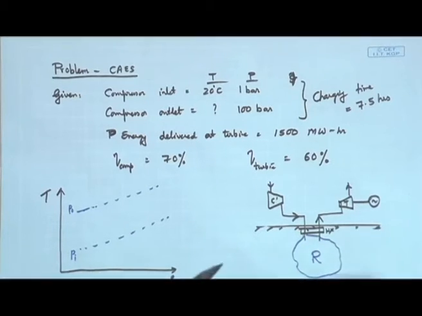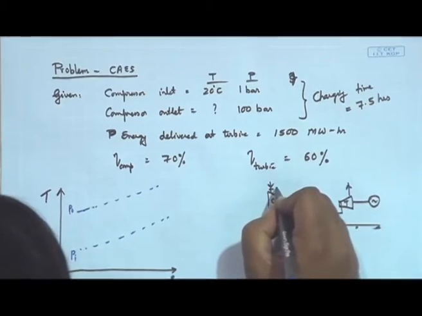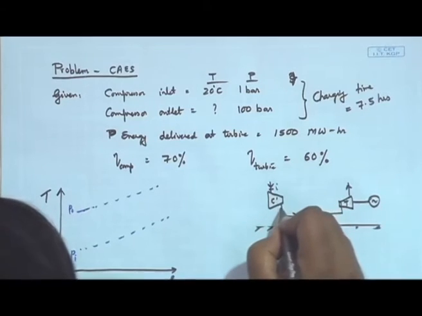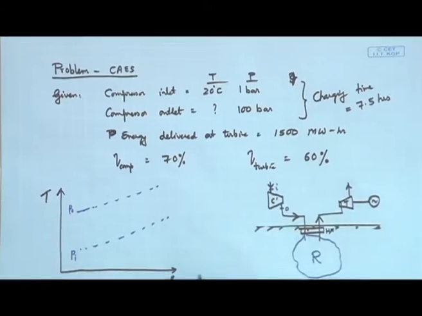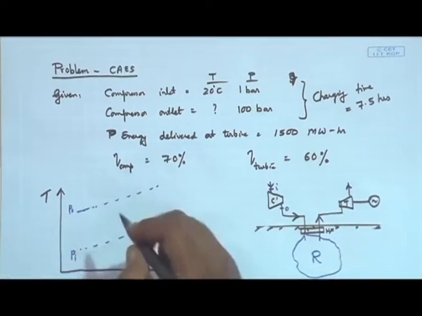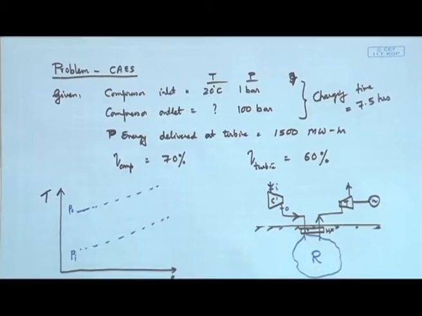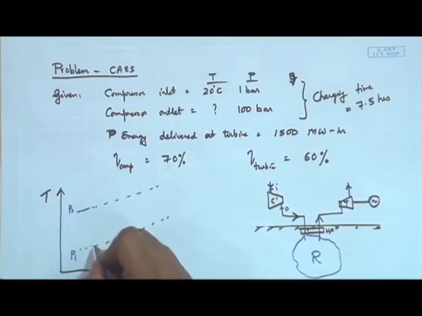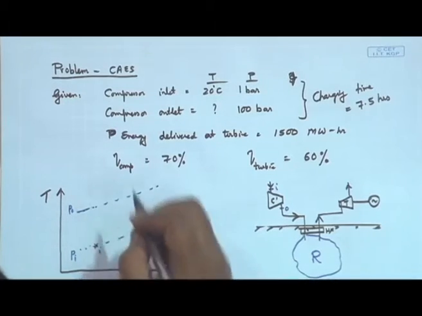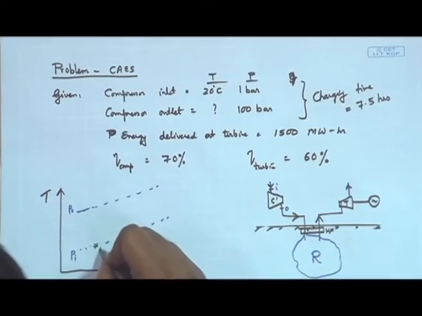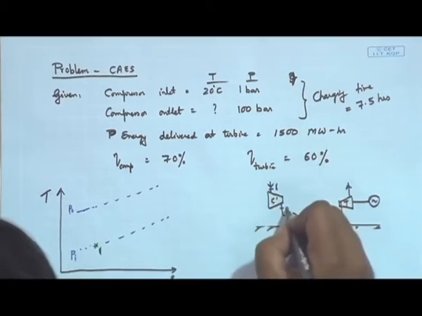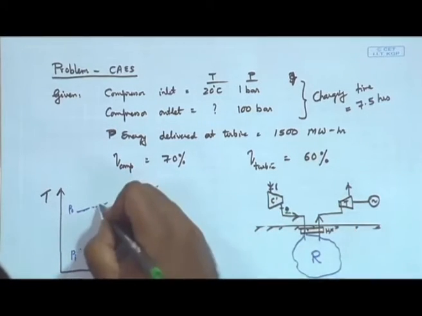Clear? So, what I have is the compressor inlet and the compressor outlet. This is P inlet and P naught. If I look at the cycle, this is my point 1, and let us call this 2.